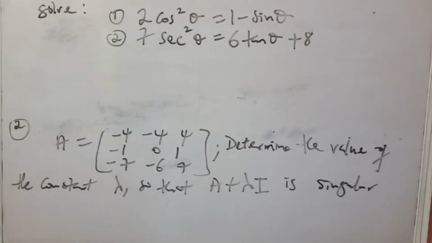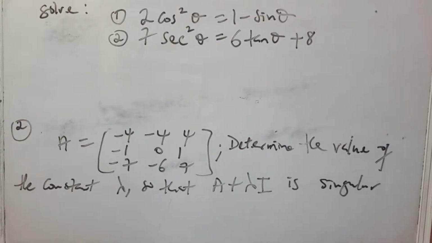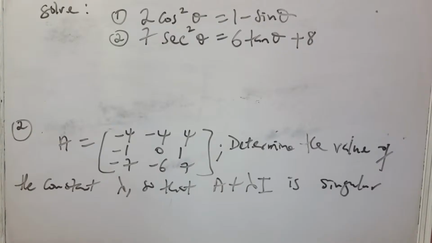Okay, so the thing is, when you say a matrix is singular, that means the determinant of that matrix must be 0.